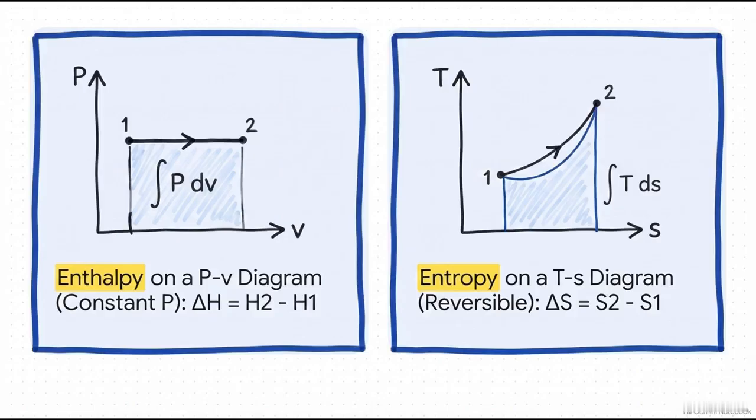And here's the really powerful part. If you conceptualize the area underneath a curve on a TS diagram, that area actually represents the total heat transfer in a reversible process. These two conceptual frameworks, mapping pressure against volume and temperature against entropy, are the twin lenses through which we decode almost any thermodynamic mystery.